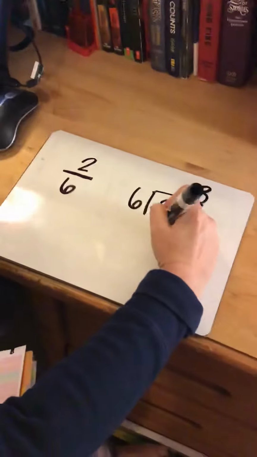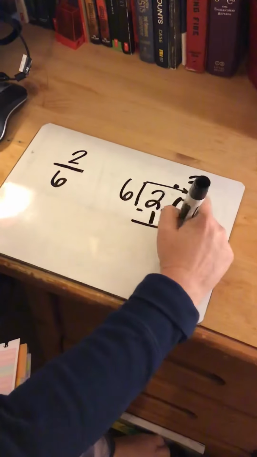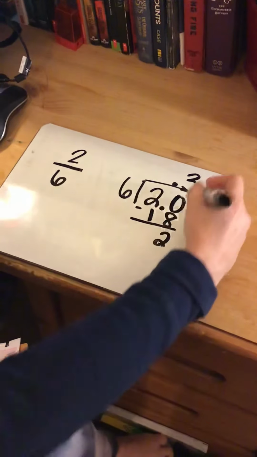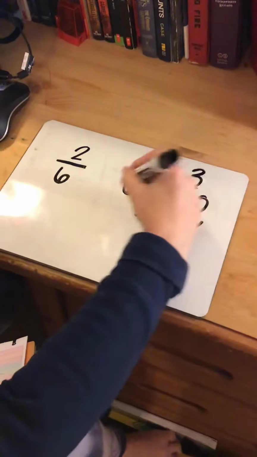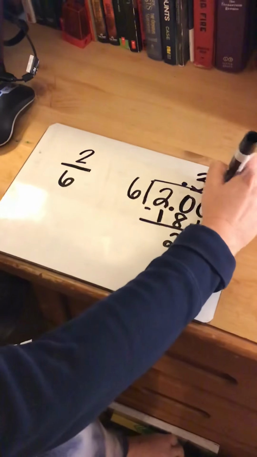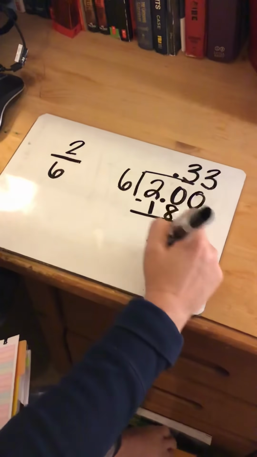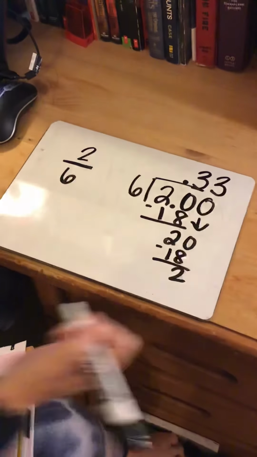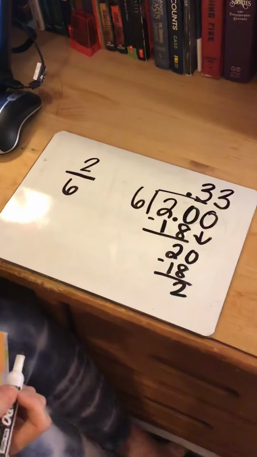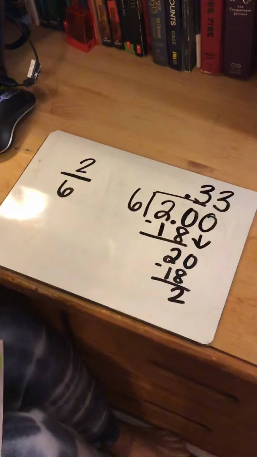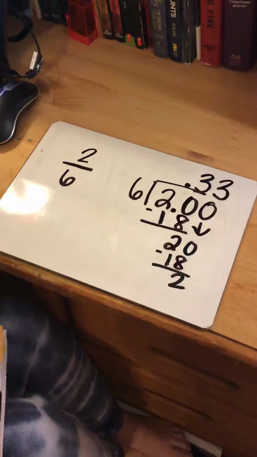3 times 6 is 18. Subtract from 20, leaving 2. Add another 0. Bring it down. 6 goes into 20 once again, 3 times. Now, because we keep having 2 left over, we know that that is going to repeat. So the answer is actually going to be decimal point 3333333, on and on and on.